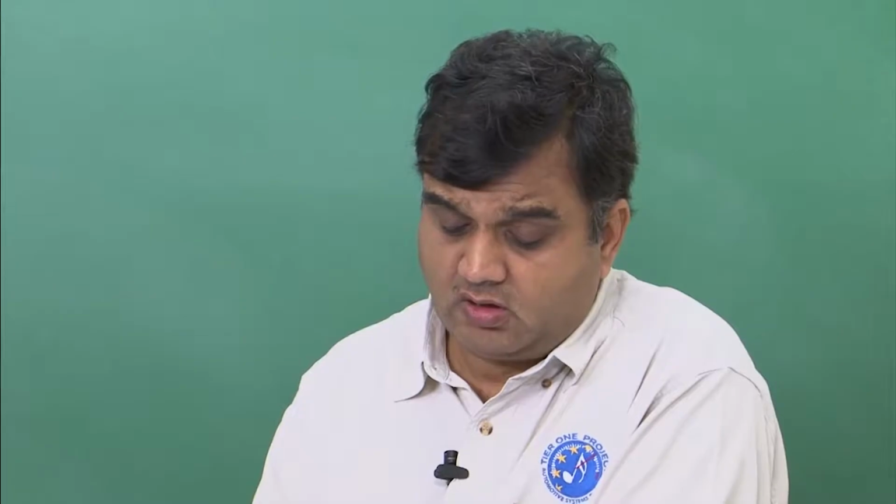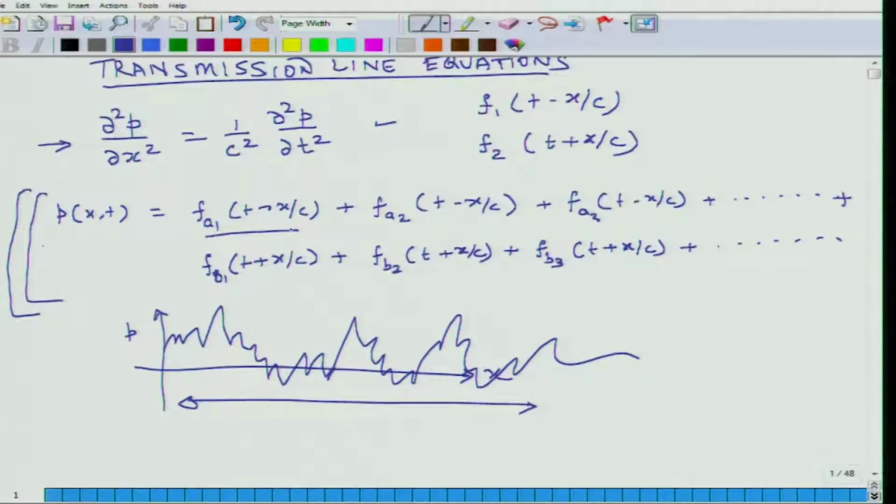So one possible form of fA1 could be in a sinusoidal or cosine format, and then I can add up a series of sines and cosines, and those also represent the solution. Making this more general, I can represent it in exponential format.